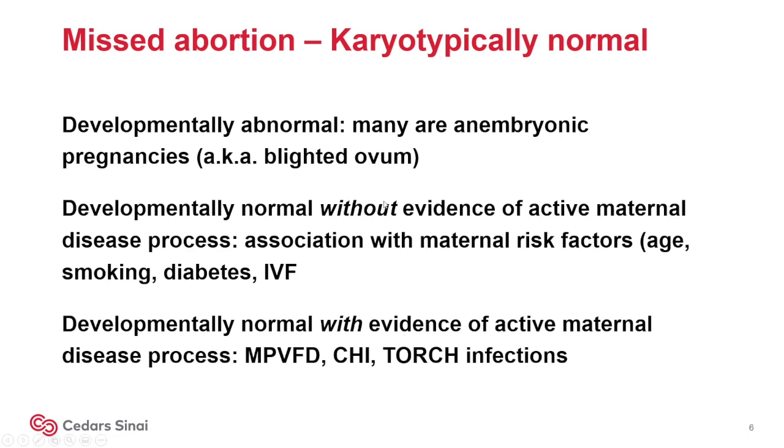You can have those without evidence of an active maternal disease process and those with evidence of an active maternal disease process. We are going to cover some of those later under recurrent pregnancy losses. Basically, if there is nothing that you can see in the POC that indicates an active maternal process, that doesn't mean that there aren't maternal factors in play.